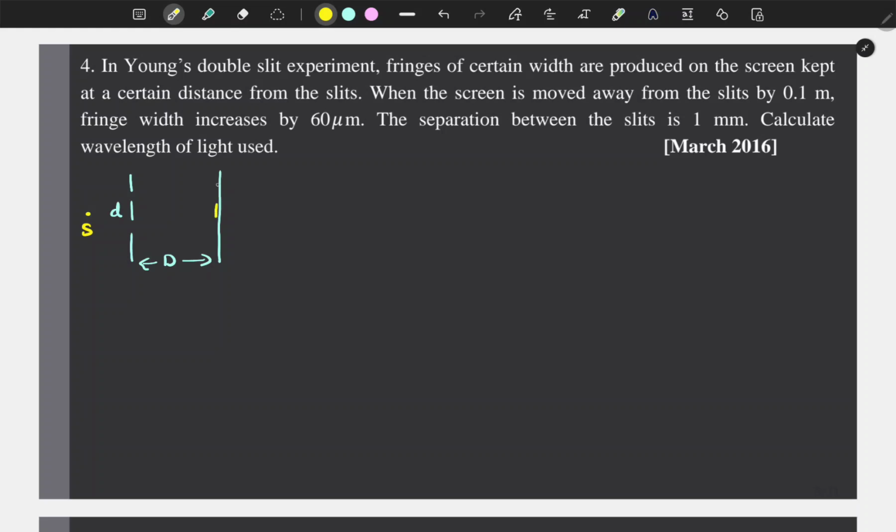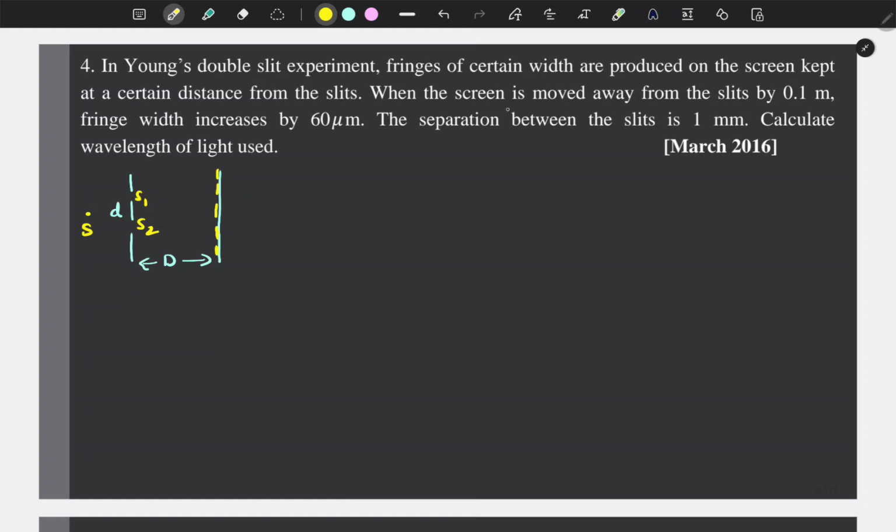On the screen you will get fringes of a certain width. Slits S1 and S2 behave as coherent sources. The screen is kept at a certain distance, but capital D value is not given.